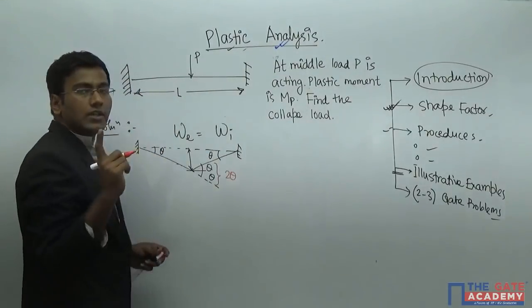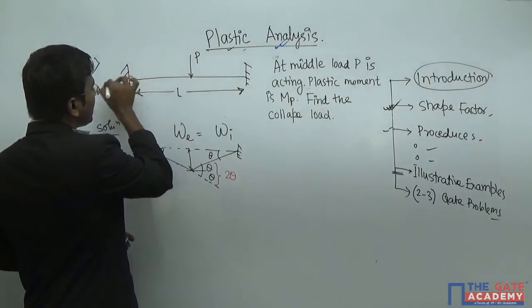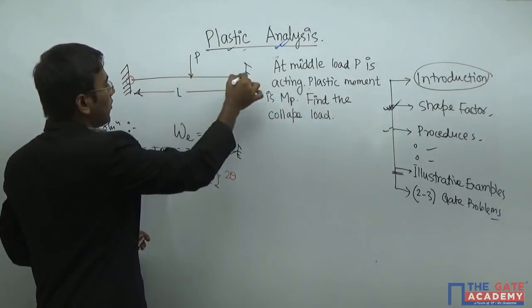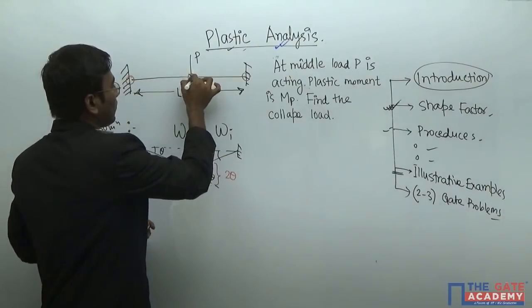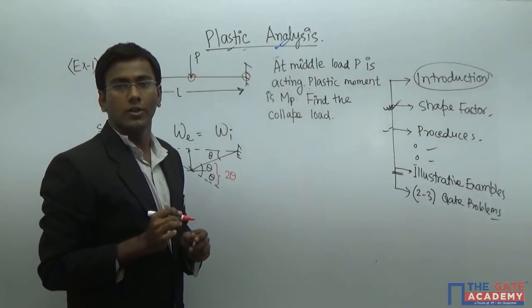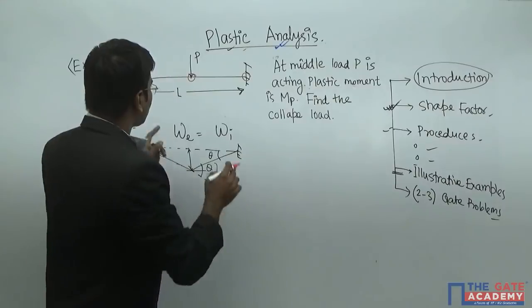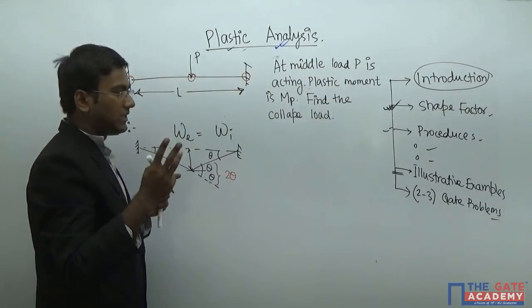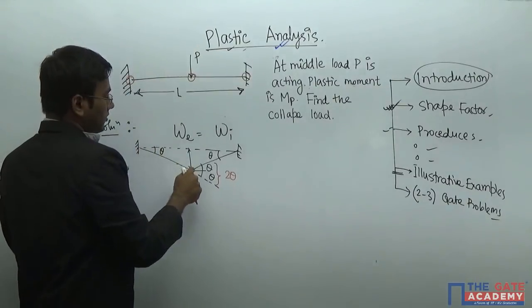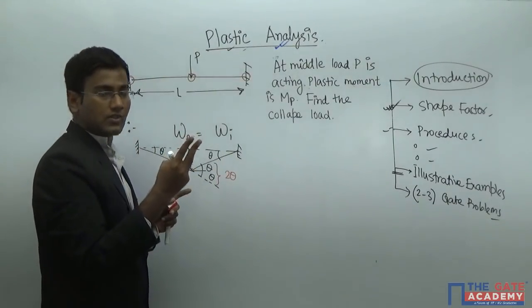So, where the plastic hinges will form? One plastic hinge here, this is a fixed portion. One plastic hinge here, this is also a fixed portion. And one plastic hinge here, where a concentrated load is acting. So 3 plastic hinges, 1, 2 and 3, 3 plastic hinges.